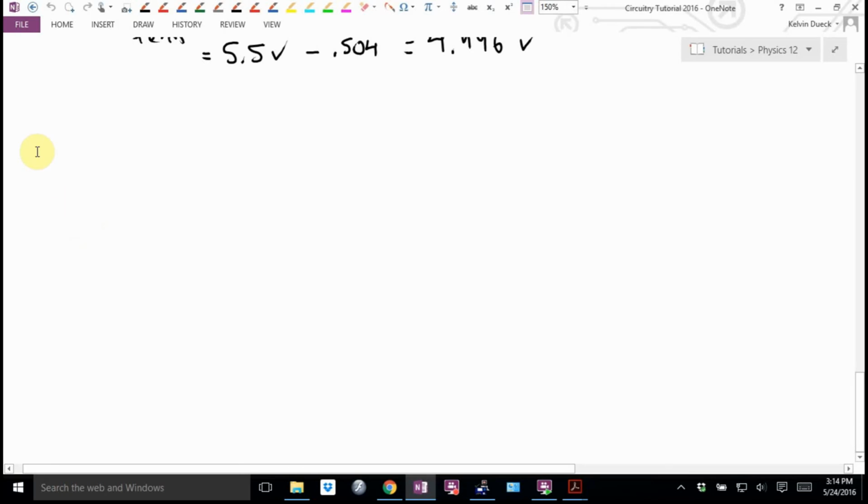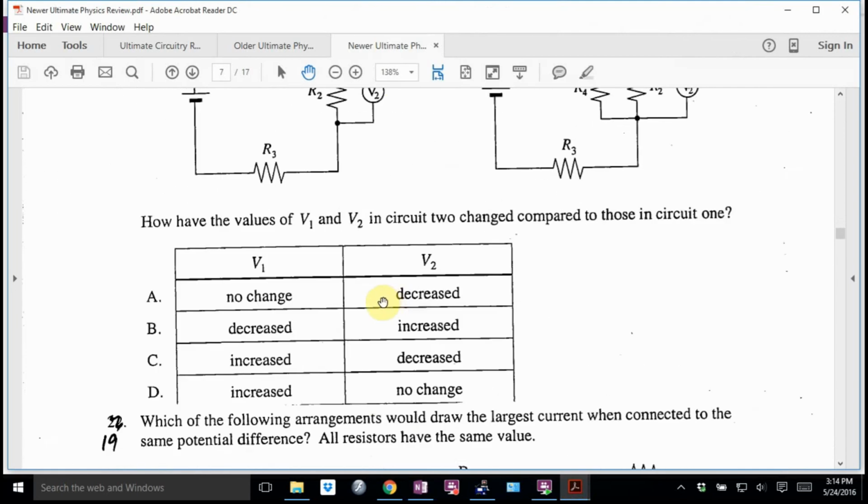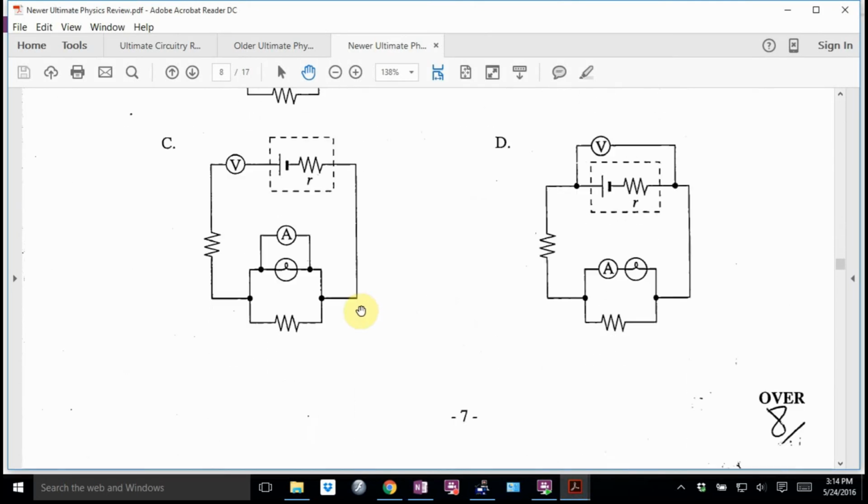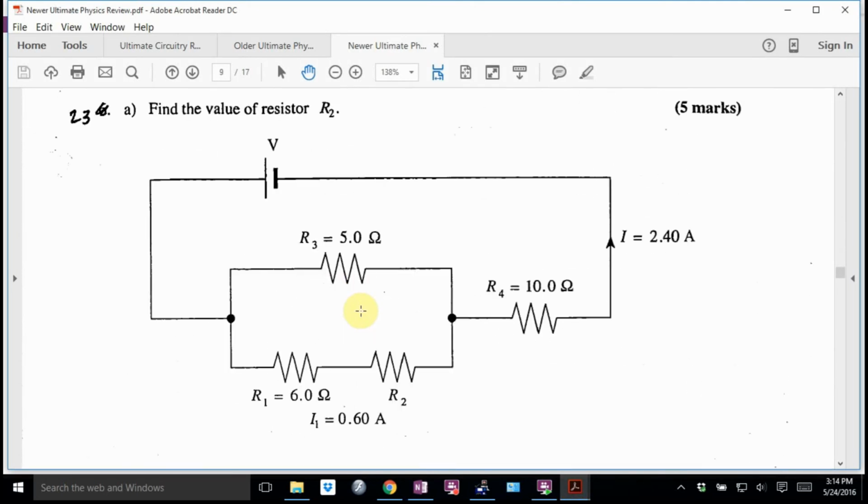Let's try another one, maybe one a little better. Well. Okay. Here's a nice one.